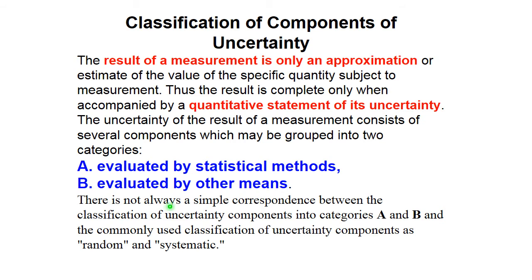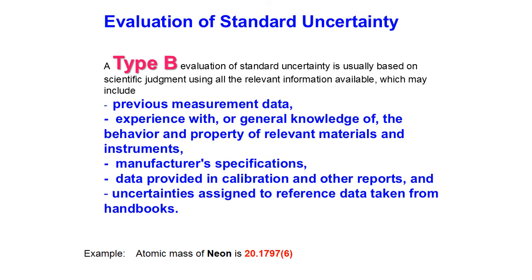There's not always a simple correspondence between the classification into categories A and B. Commonly we say that A is random and B is systematic, but this is somewhat of an oversimplification. We'll start our study with type B.